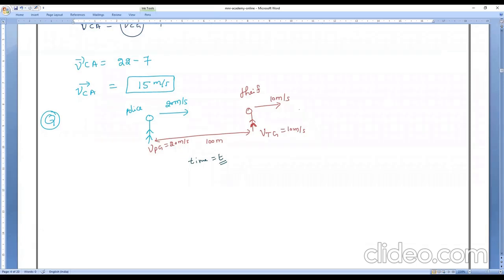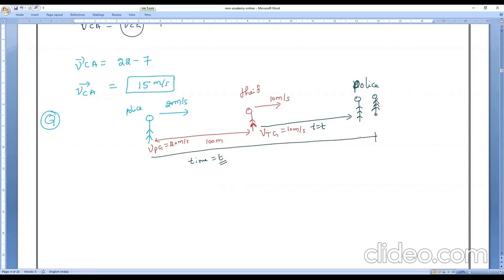So he will definitely travel some distance. Now this is the police and this is the thief. After a certain time, both will reach the same point. They have taken a certain time to travel. Clear?